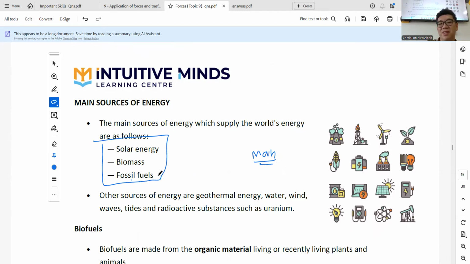Fossil fuel, particularly coal. This is what we do in Singapore. So in Singapore, we have like Sinoco, Keppel. All right, these are the ones that supply power to your house, to this place. And what they do is that they burn coal.